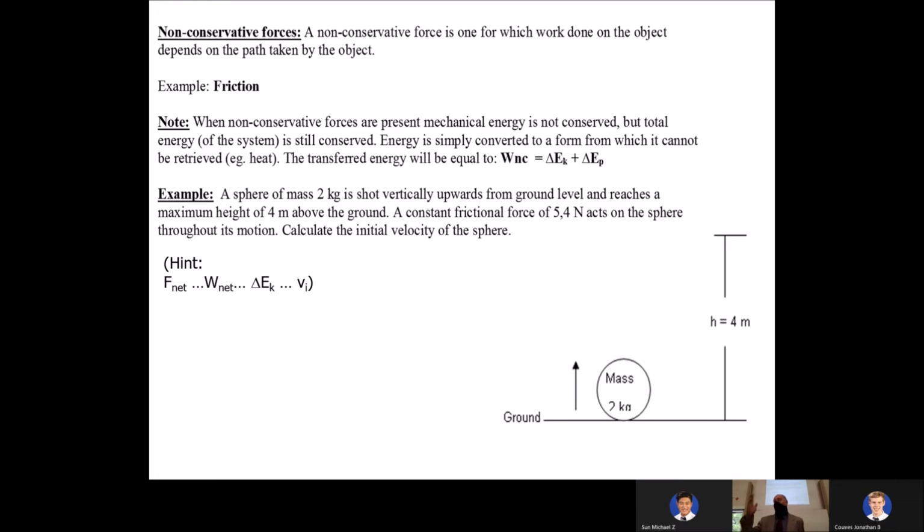Now, we've taken up as positive, so the down possibility doesn't make sense. Negative energy? Well, if you're taking energy away from an object, we say that your work is negative. That object's got lots of energy at the start. It's shot. Gravity and friction rob it of all its energy. So they're doing negative work on it. They're working against it.